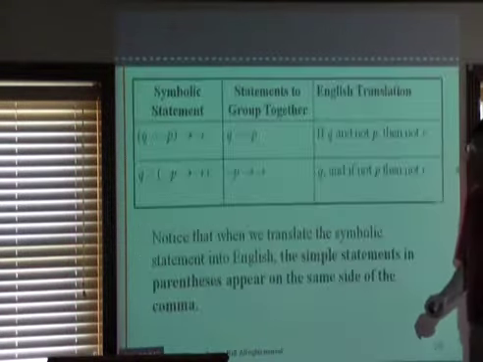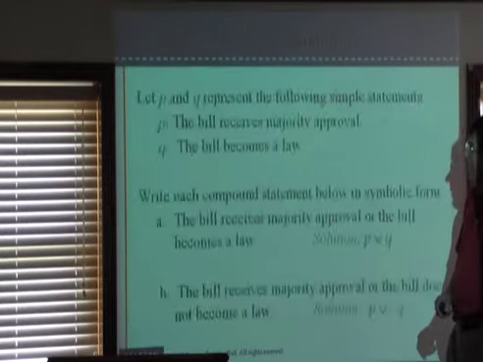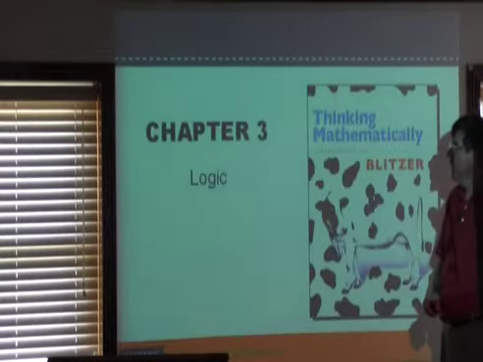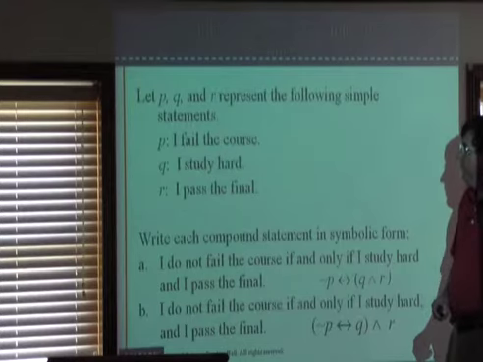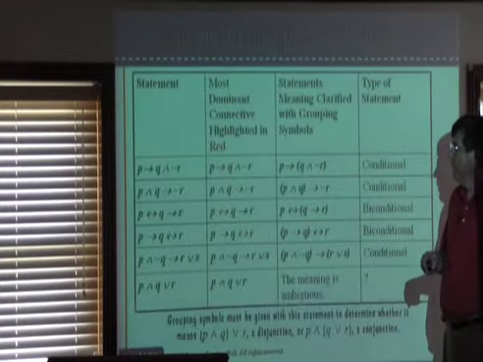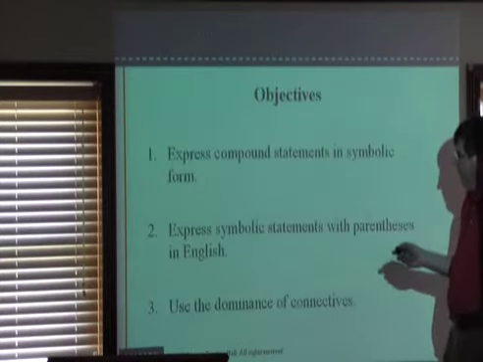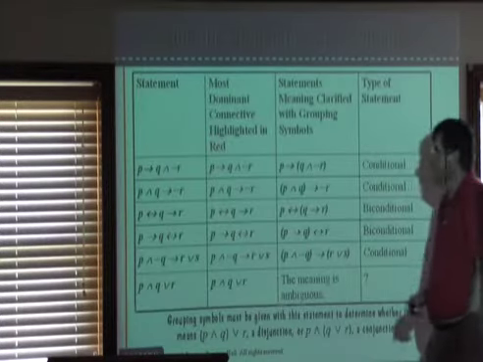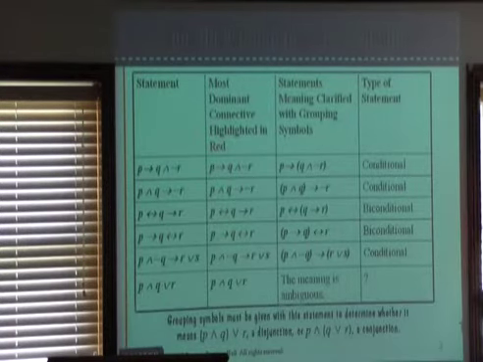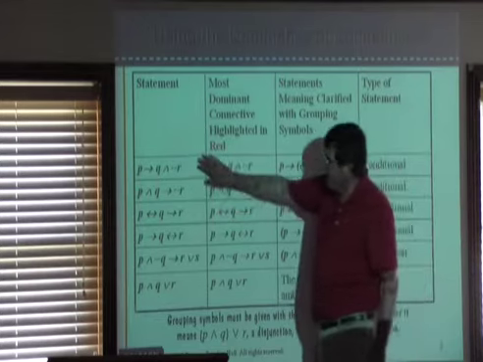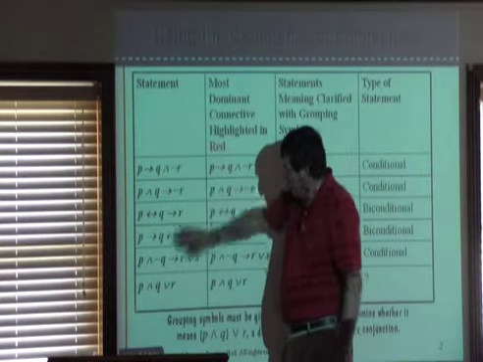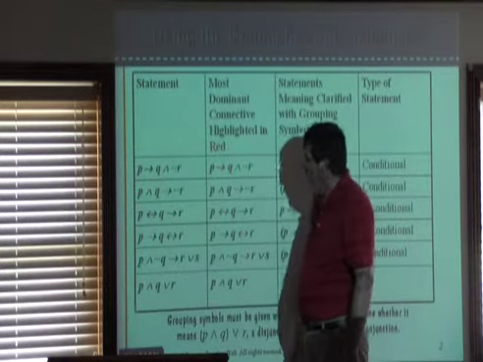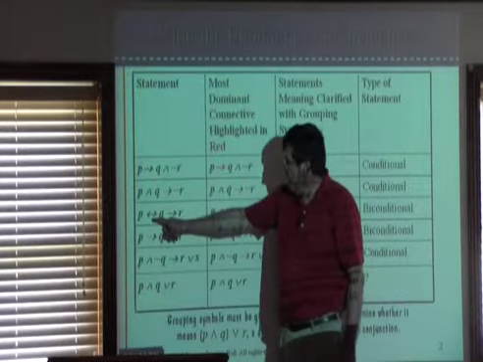Now what I'm going to do is, as quick as I can, go back to the beginning. Okay, those were the goals. We just talked about dominance of connectives. And here we are. Notice on the left side we have these statements. Now could you group them? Well, let's take this one, okay?